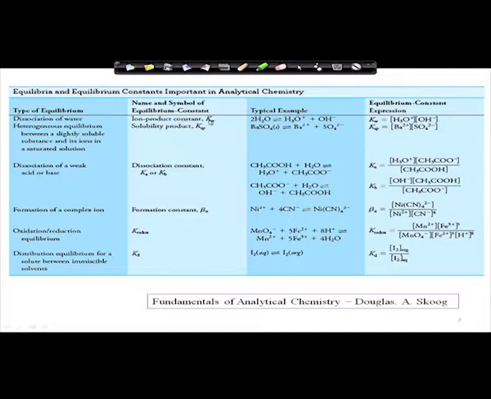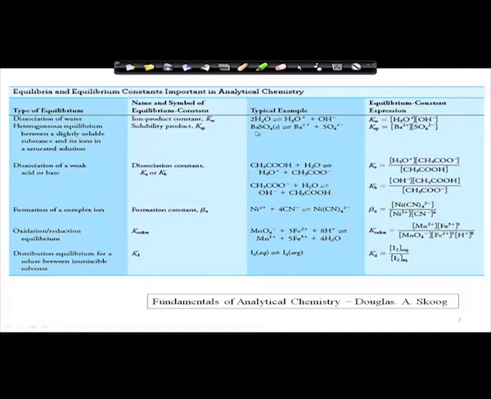That is why we have a pH scale of 0 to 14, which has been standardized with respect to the reaction of H2O forming H3O plus and HO minus, and Kw is nothing but the product of the concentrations of H3O plus and HO minus. Then the same thing can be applied to the solubility product constant, which is Ksp, where we have a sparingly soluble substance and its ions in a saturated solution.